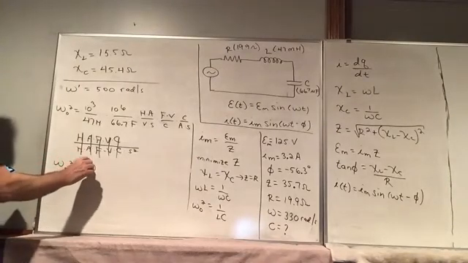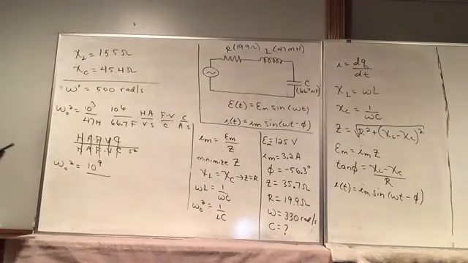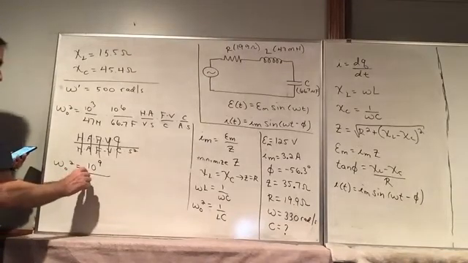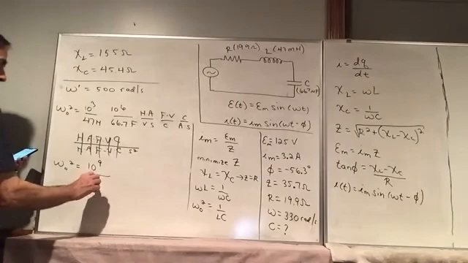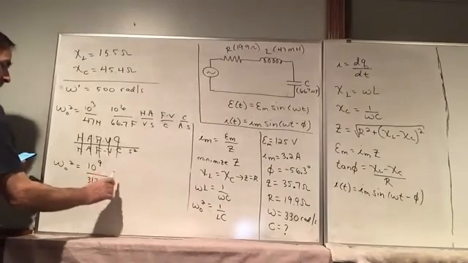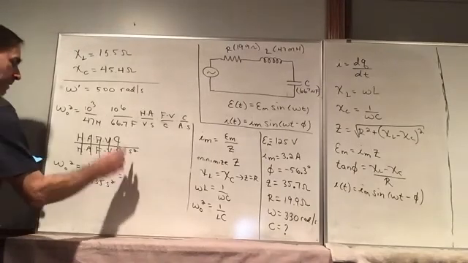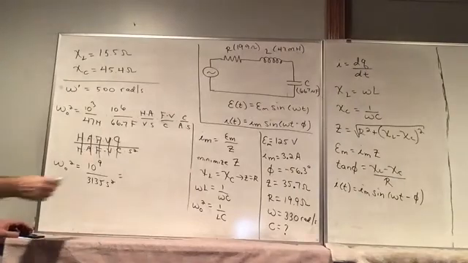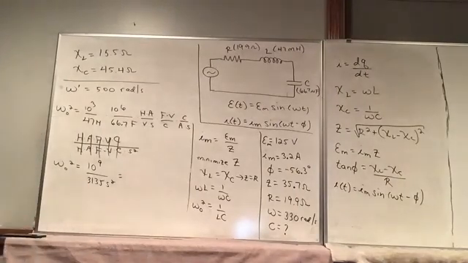We have 10 to the 9th divided by 31.35. That would be in seconds squared. So let's see.